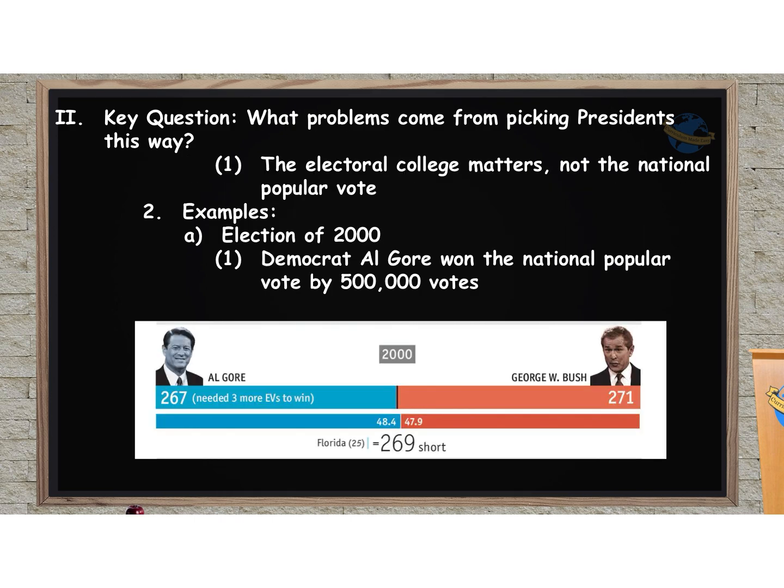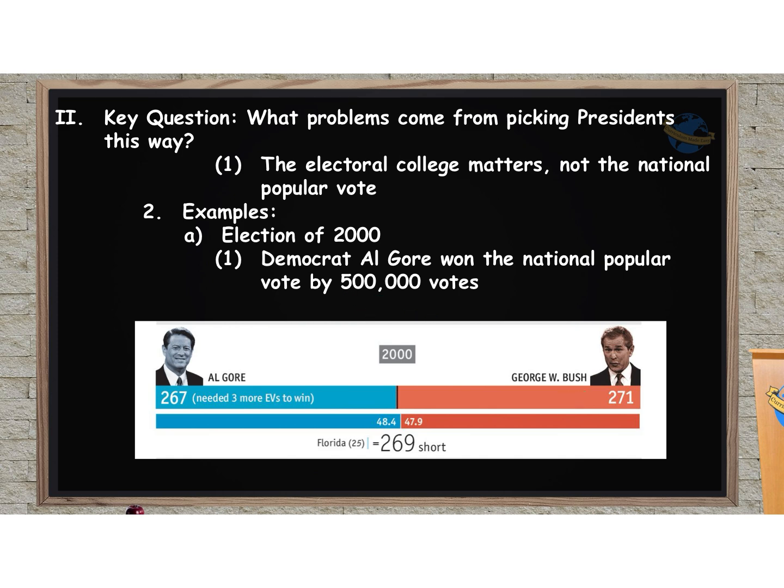And yes, this has happened in the past, actually in the quite recent past. In the year 2000, there were 2 candidates, the Democrat Al Gore and the Republican George W. Bush. Al Gore actually won 500,000 more votes than George Bush did.